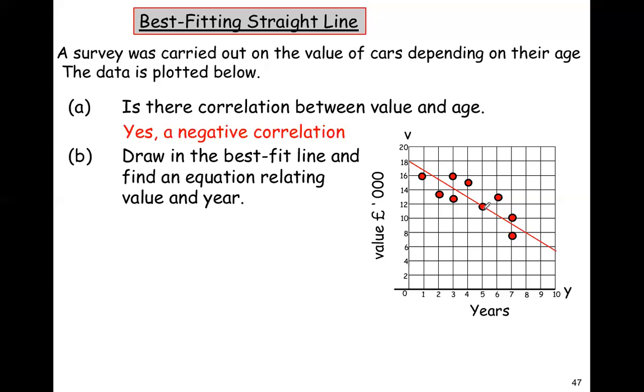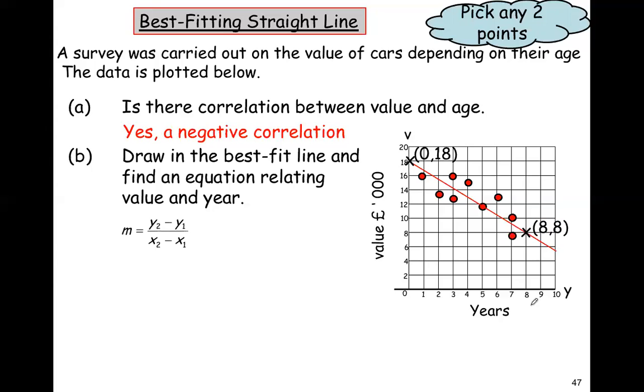When the car is 5 years old, it goes down to £12,000. They've not told us which car it is, it's just a survey. Picking 2 points, I would pick the intercept 0, 18, and we could have picked 5, 12, but here they've picked 8, 8, so £8,000 when it's 8 years old.